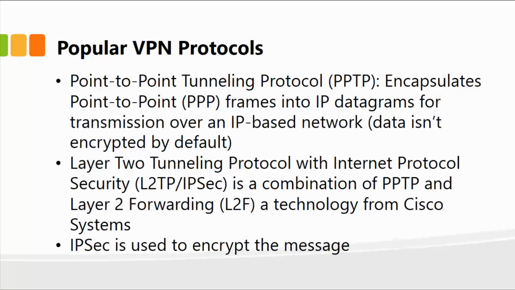The Layer 2 tunneling protocol with Internet Protocol Security, L2TP for example, is a combination of the point-to-point tunneling protocol and Layer 2 forwarding, also known as the L2F, which is a technology developed by Cisco Systems. So a couple of different ways you can connect two networks together. The IPsec, for example, is used to encrypt the actual message or the data.